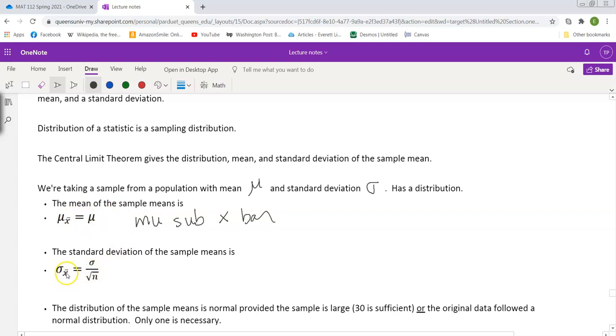The standard deviation of all of the possible sample means is not the same as sigma. If you think about it this way: when we look at the distribution of x bars, every x bar represents the center of that sample. So which one would you expect to be more spread out? A sample of individuals or a sample of middles?